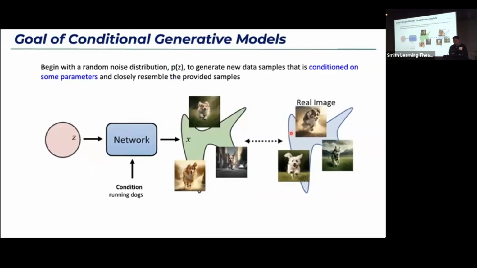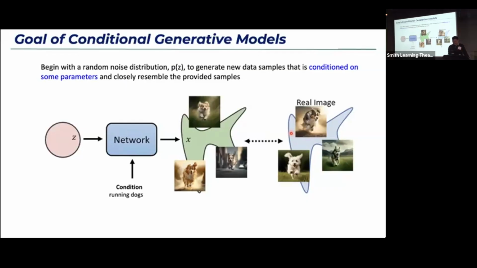So let's talk about conditional generative models here. In the last slide, we just generated random images, but here we add a specific condition to the neural network, like running dog. So we start with the same random noise distribution Z, but we also feed the network specific parameters to guide it. The network then uses both the noise and the condition to generate new data samples that match your request.